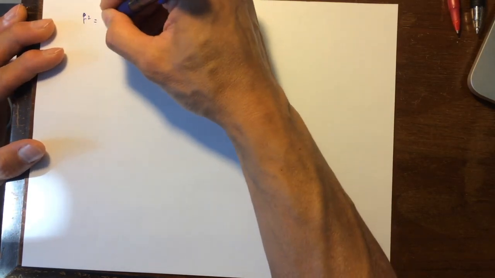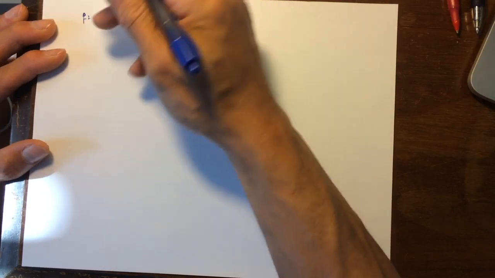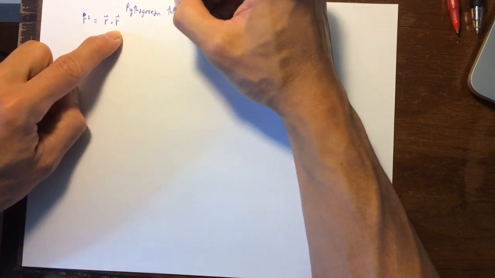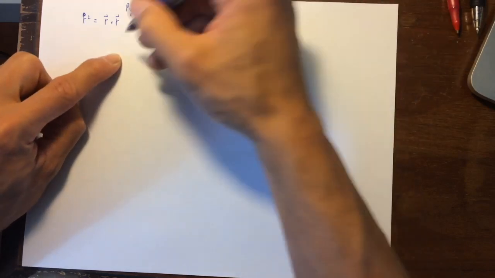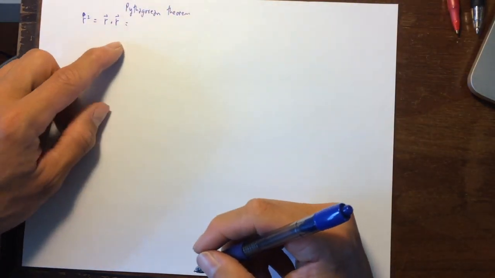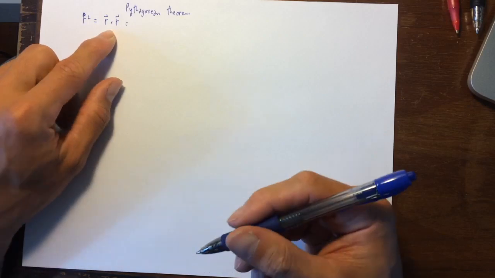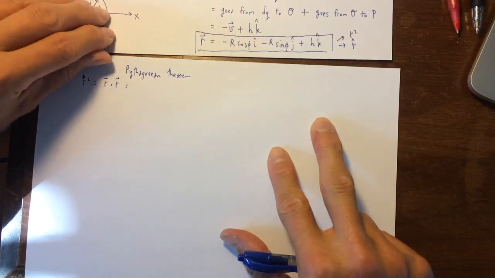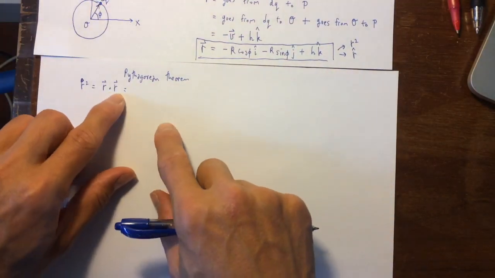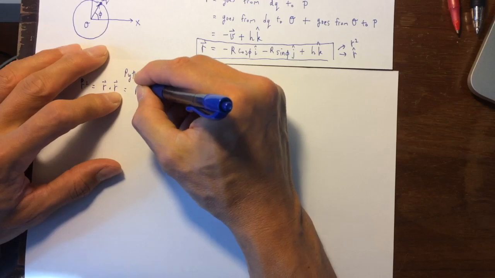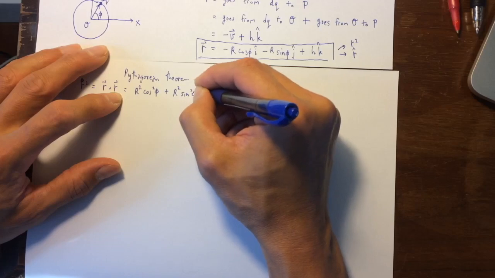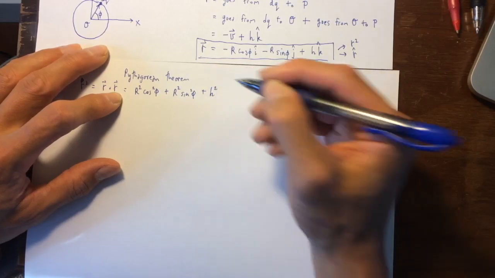R squared is the vector r dotted with the vector r. That's how you get r squared. This is really just the Pythagorean theorem as well. So regardless of whether you use the Pythagorean theorem in 3D or r dot r in 3D, when you are looking at the vector r that we just wrote down, you get r squared cosine squared phi plus r squared sine squared phi plus h squared.